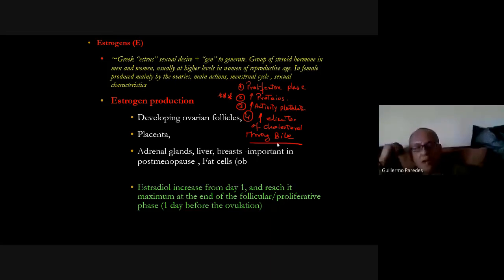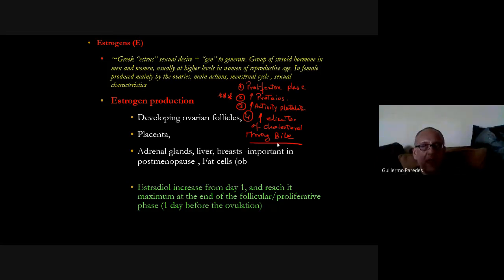So those are the main functions that I want you to remember about the estrogens. The proliferative phase, increased level of proteins in blood, increased activity of the platelets, and increased elimination of cholesterol through the bile. Remember, what is the bile? The bile is bilirubin, cholesterol, bile acids, lecithin, water, and electrolytes, correct? And the estrogens are going to help to eliminate cholesterol.